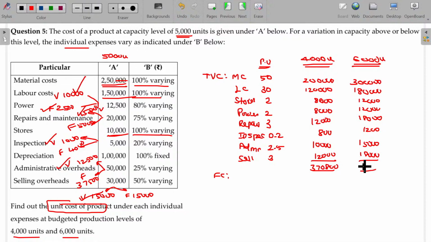Get me the total then. 5,56,200. Am I right?